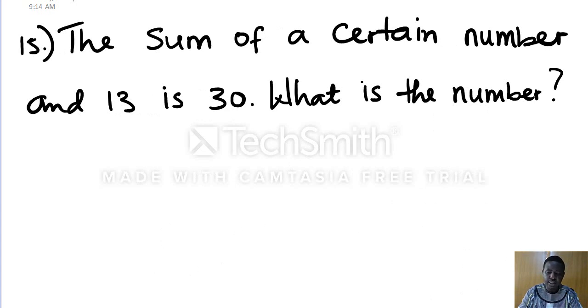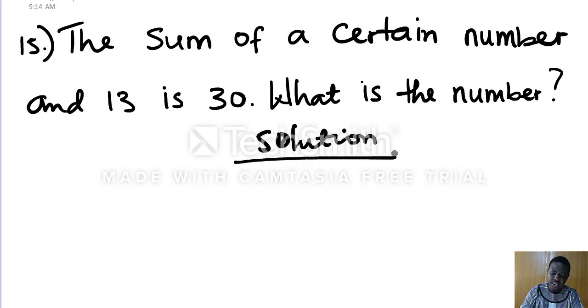Question 15 says, the sum of a certain number and 13 is 30. What is the number? Solution: the sum of a certain number and 13 is 30. What is the number? Sum means addition.